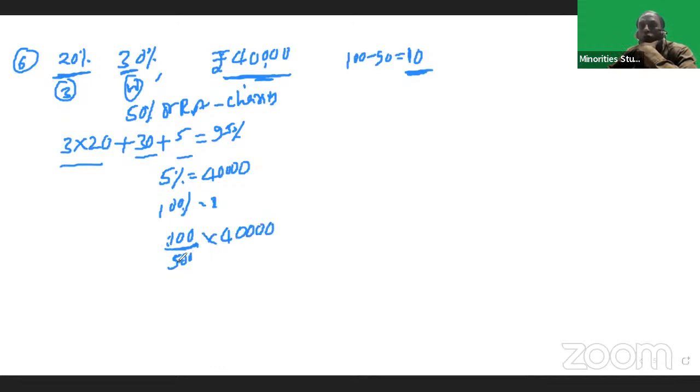Two zeros cancel. 5 ones are 5, 5 eights are 40, and the zeros give 8,000.